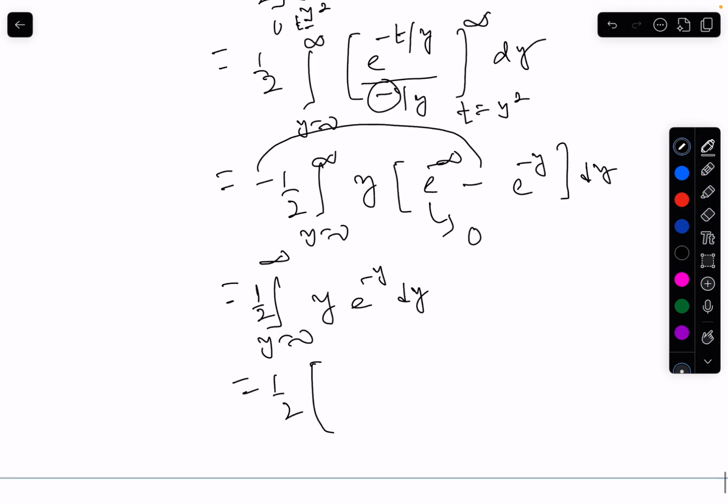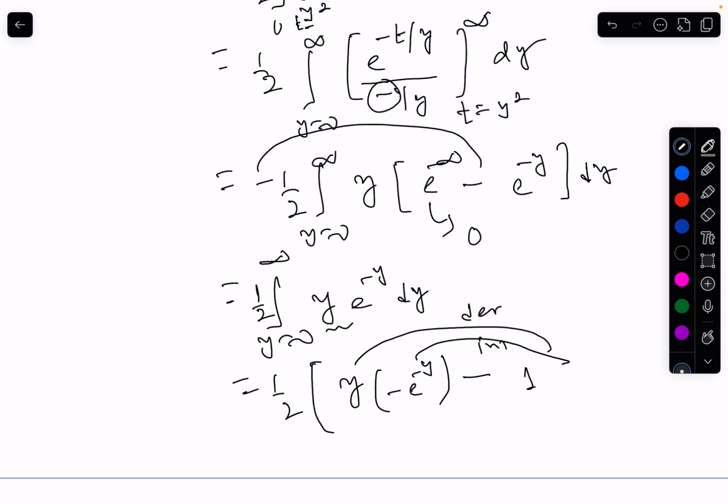This is equal to 1 by 2. Let us take integration by parts. y as it is. Integration of e power minus y is minus e power minus y. Then negative sign, derivative of y is 1, and integration of minus e power minus y is e power minus y, again minus sign, so minus minus plus.